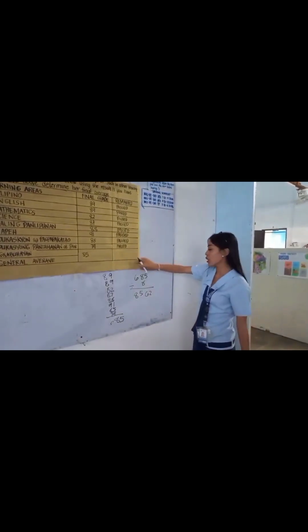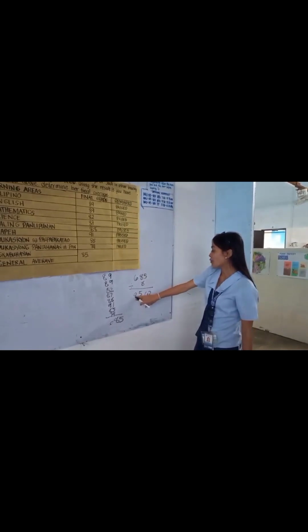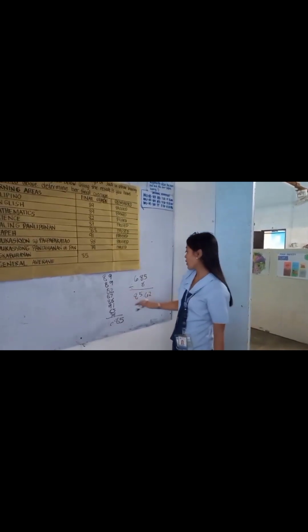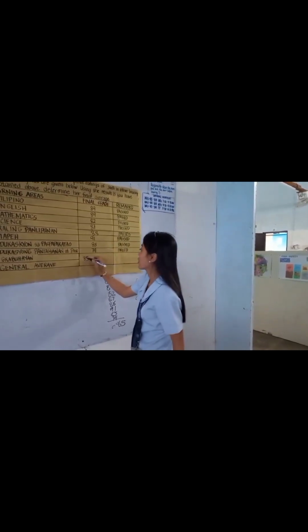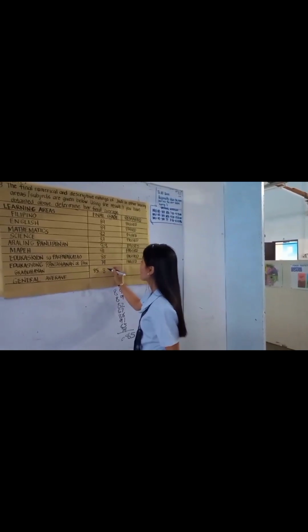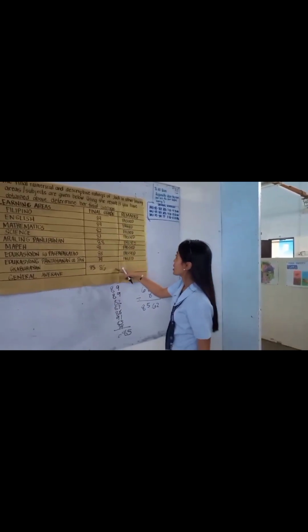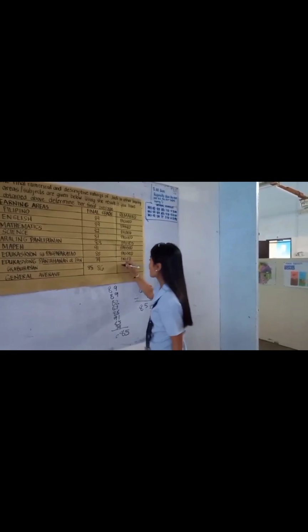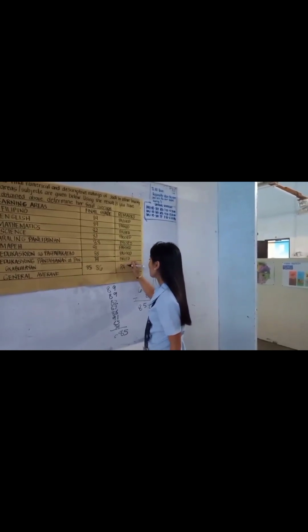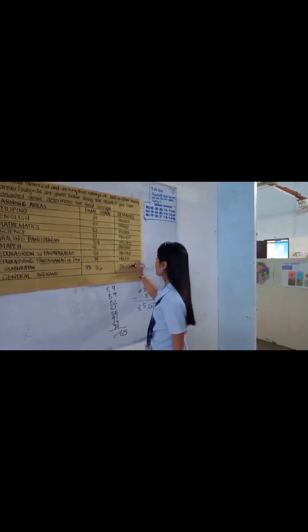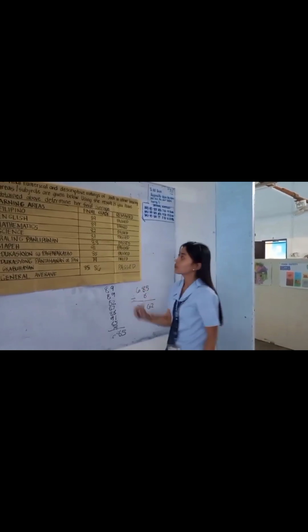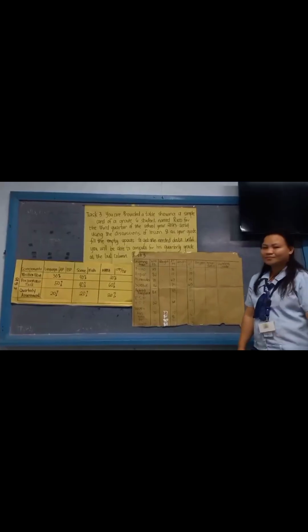So we are going to round off from 85.62 to 86. We're going to indicate here the final grade of 86, and we're going to remark it as pass. And that's all. Here you go.